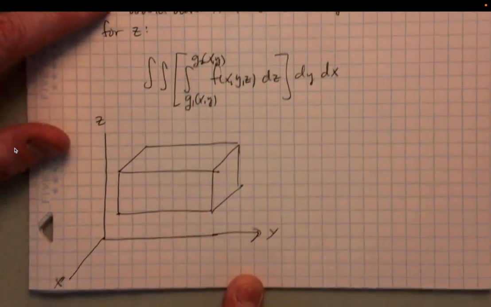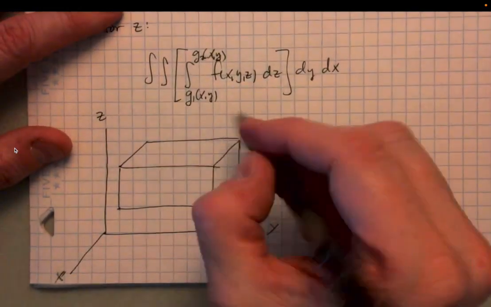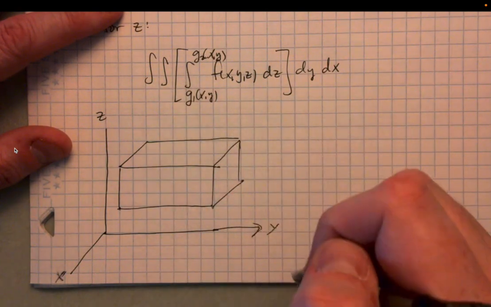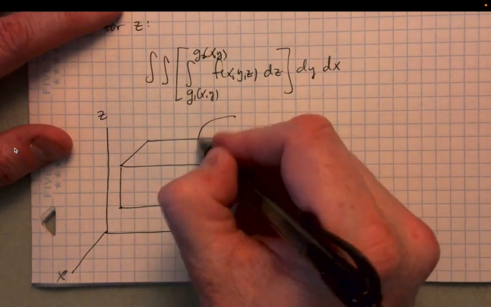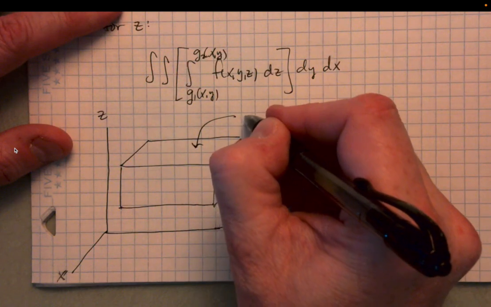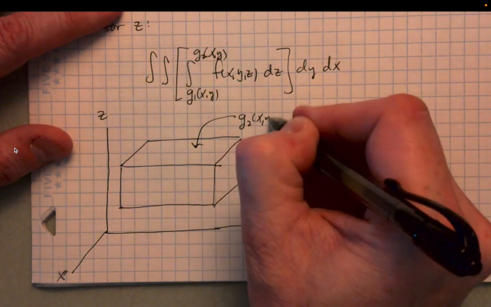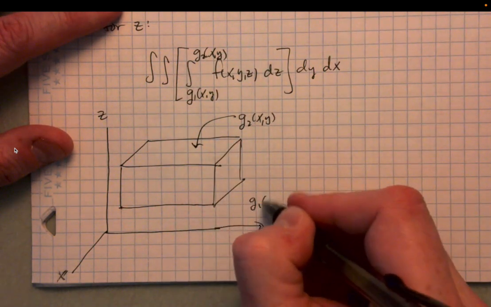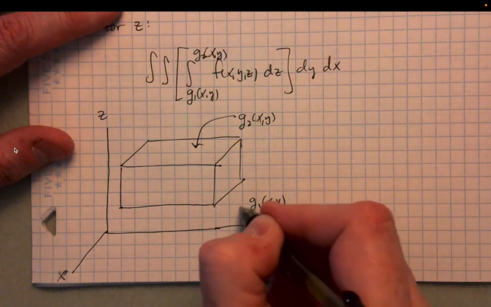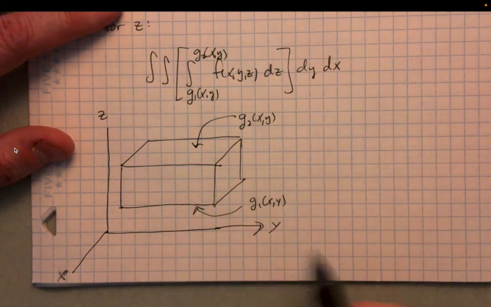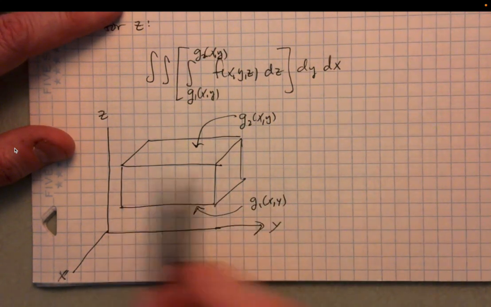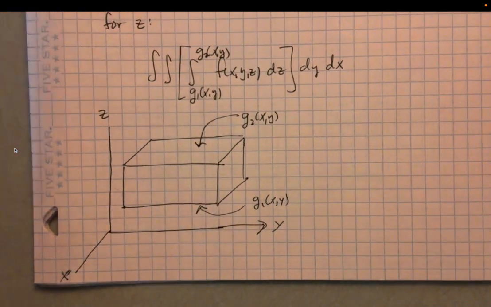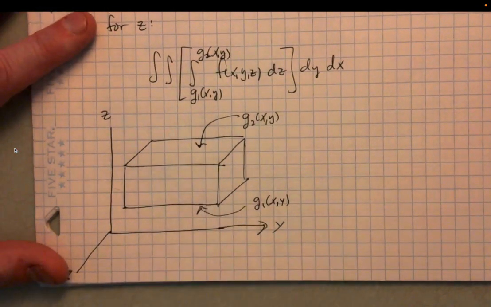Okay, now this top surface, right? So the solid region is really going to fall between two surfaces. This top surface you can think of as your g2, and then your bottom surface, that's like your g1, right? And then the solid is really formed by the mashing together of those two surfaces.